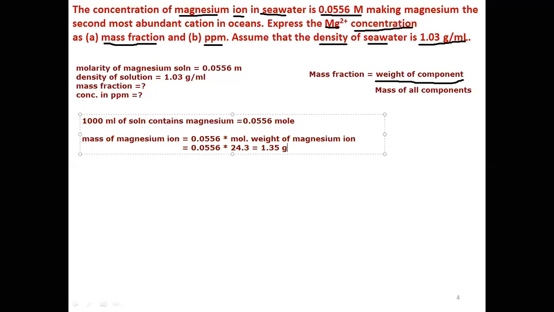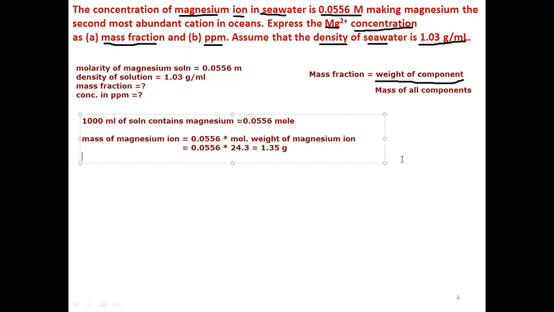So from this we know that a 0.0556 molar solution means 1.35 gram of magnesium in 1000 ml of solution. But in order to calculate mass fraction, we need the mass of all components.